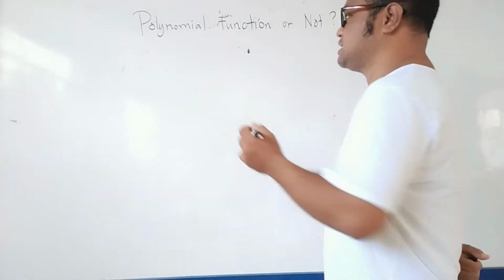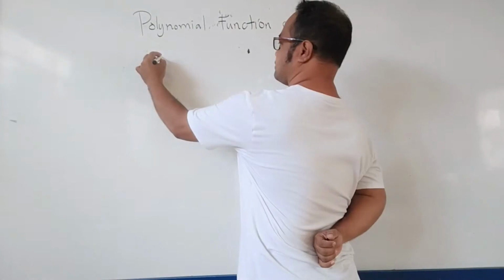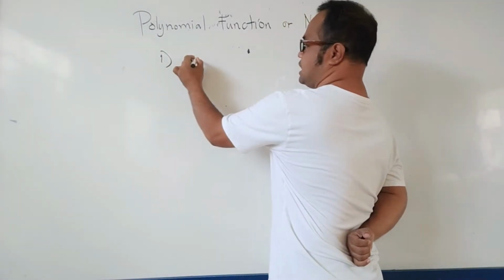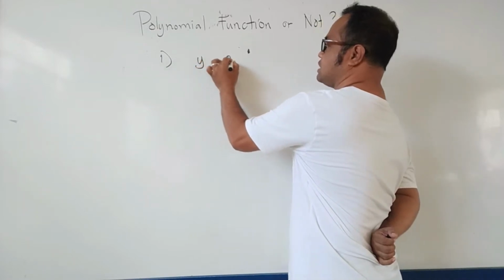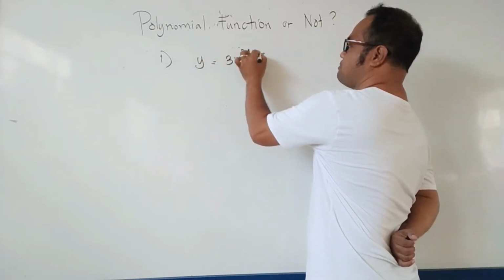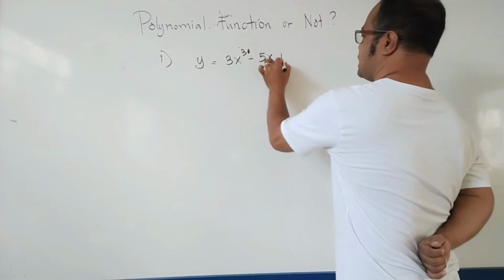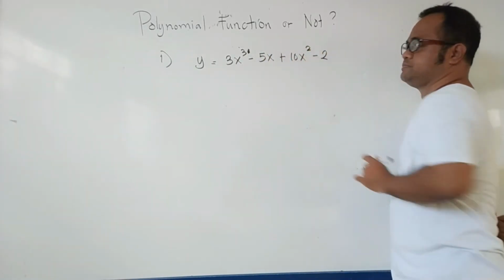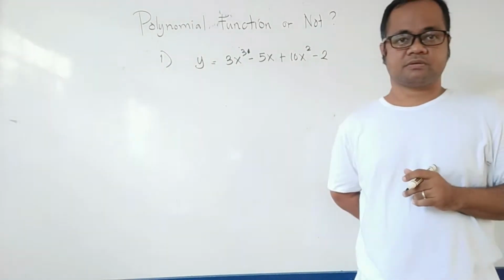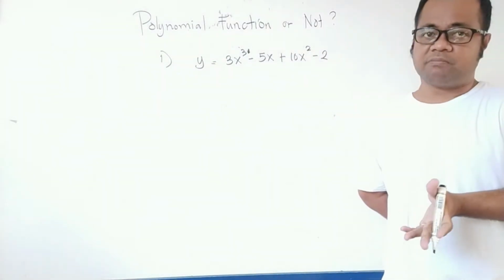Okay, so let us have the first one. y is equal to 3x cubed minus 5x plus 10x squared minus 2. Is this a polynomial function?